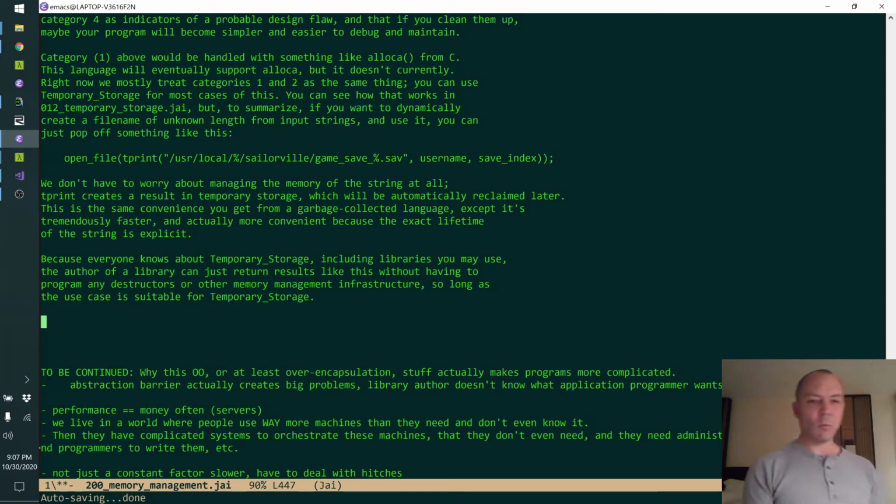No. Why are you saying safer capacity than alloca? You're making that up. How does temporary storage know when the main loop ends? It doesn't. You do. You call reset temporary storage when your main loop ends.